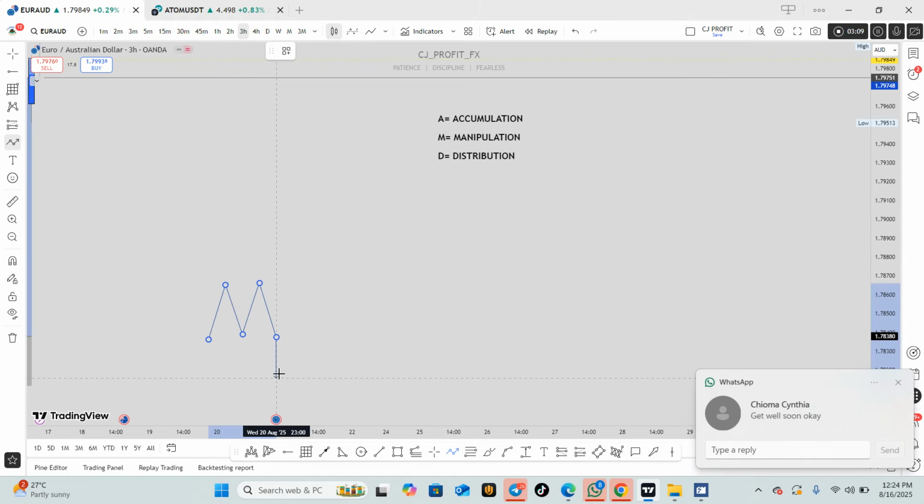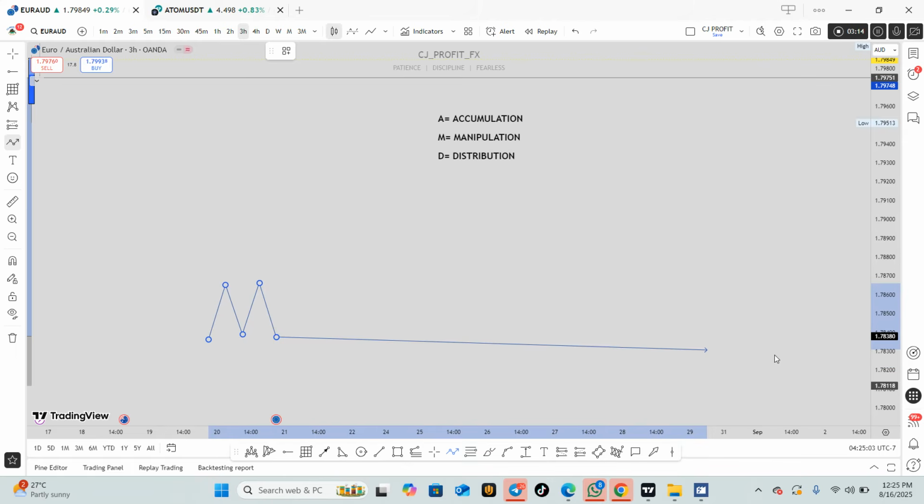If you have a breakout to the upside, that means you are expecting a sell position. Then if you have a breakout to the downside, that means you are expecting a buy opportunity. So let's say we have a breakout to the upside like this.